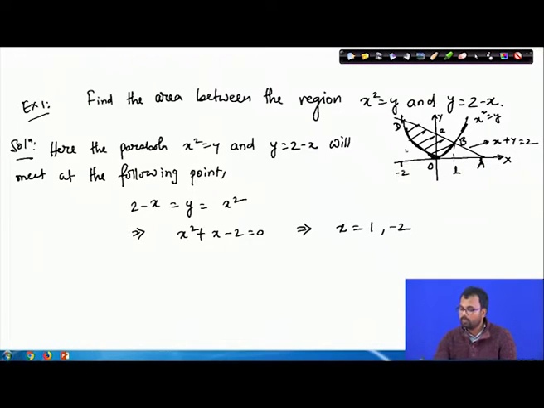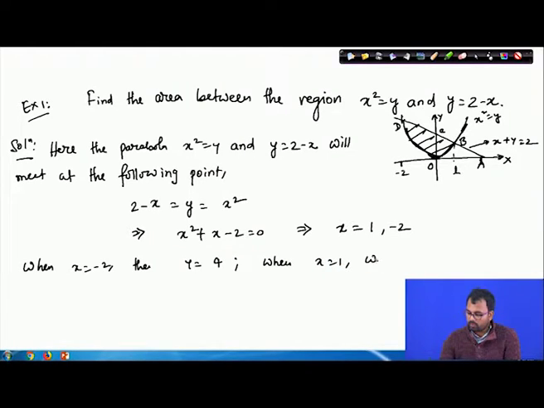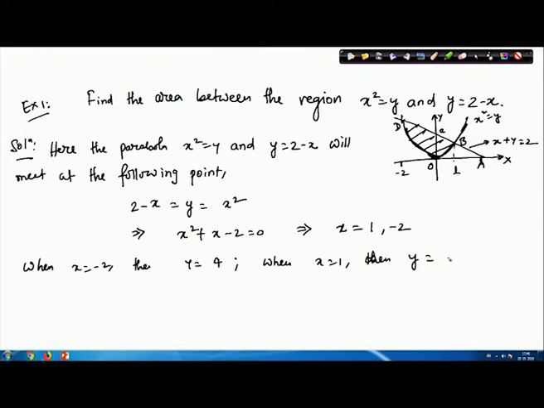So they are meeting at the points whose x coordinates are minus 2 and 1. When x is minus 2, then y is 4, and when x is 1, then y is 1.